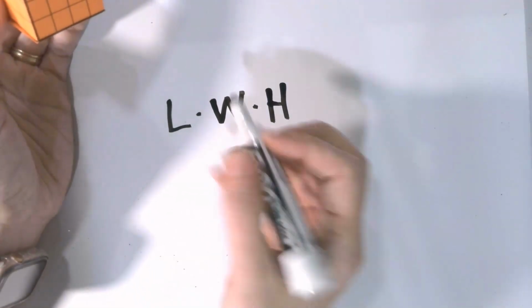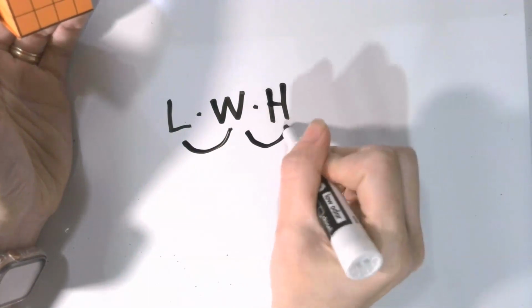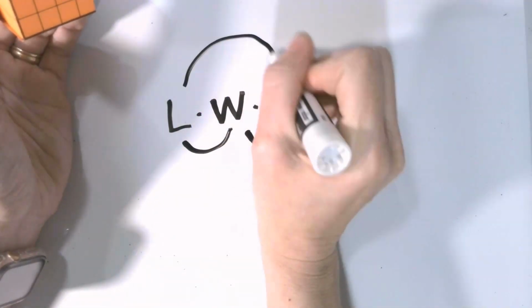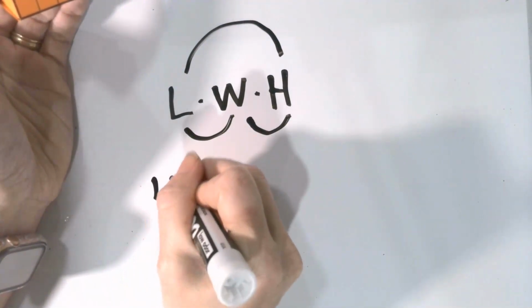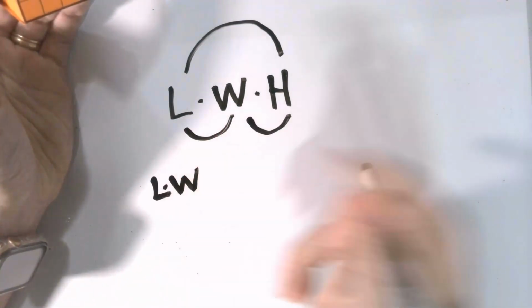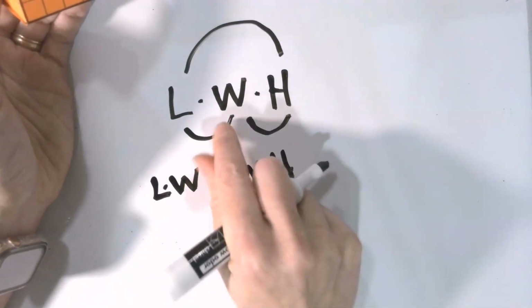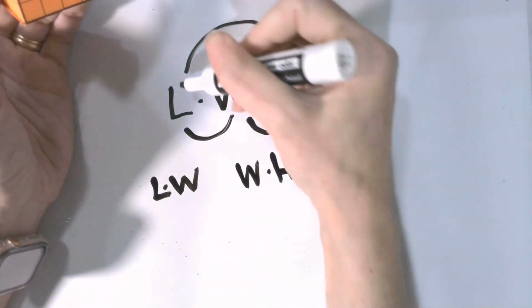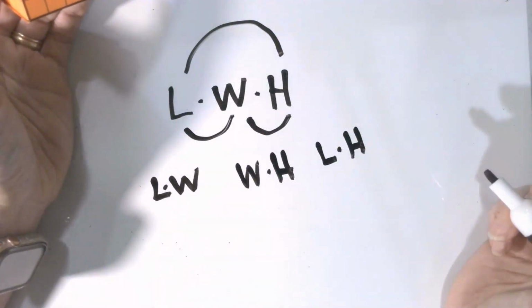But then I want you to pair these 2 up, pair these 2 up, and pair these 2 up, okay? So that's going to give you length times width when I pair the first 2 up. It's going to give me width times height when I pair those 2 up. And it's going to give me length times height when I pair the last ones up.